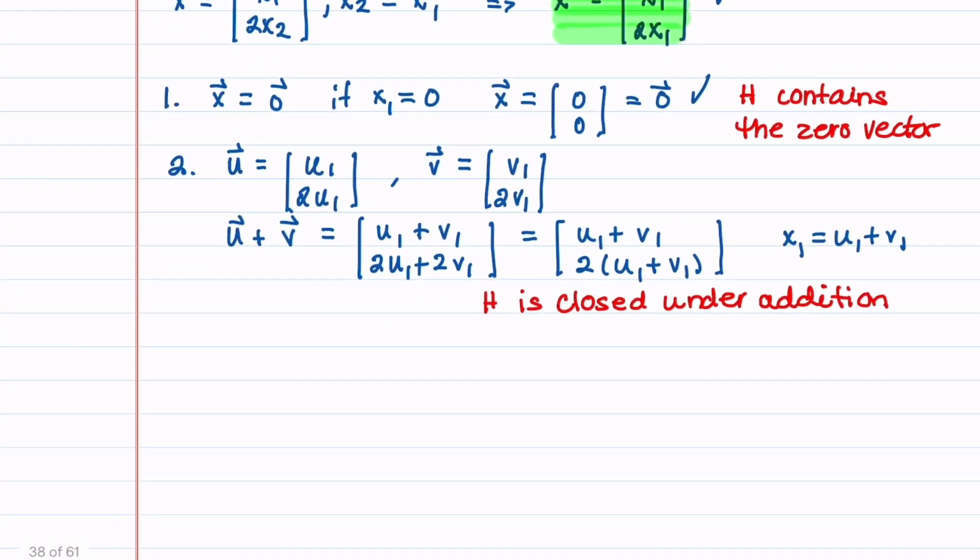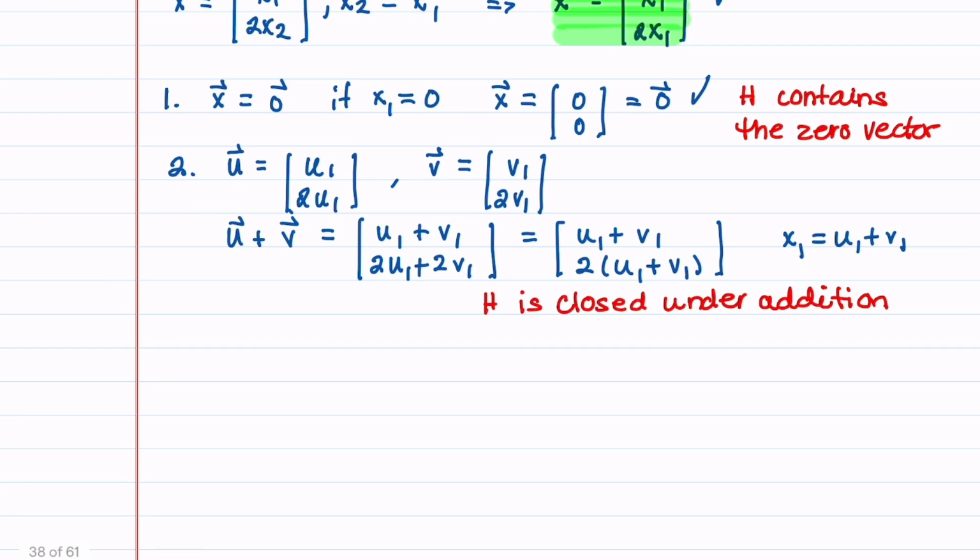Now let's check our third condition, which is closure under scalar multiplication. This one's actually easier than checking for closure under addition. All we have to do is take a scalar c and multiply it by our vector u that we created in step 2. So this becomes c times u1 and then c times 2u1.